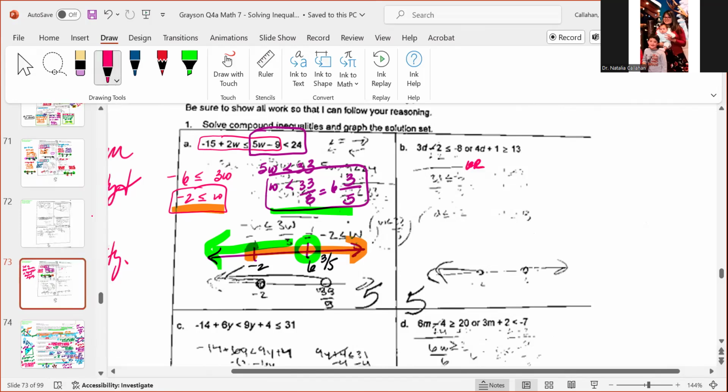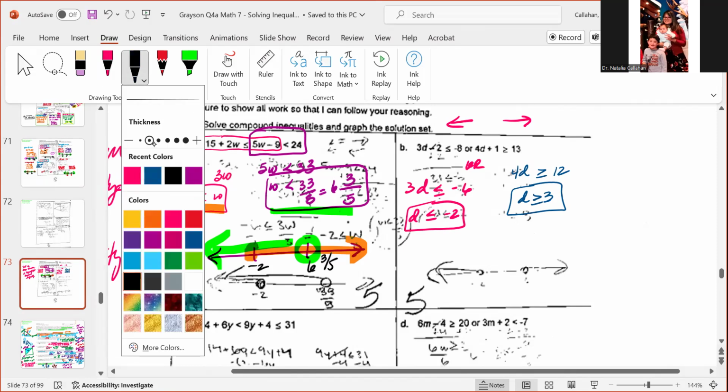For B, this is an or, so you know it's going to go in opposite directions. The first one, D is less than negative 6 or 3D. Divide it, you get a negative 2. Second part of this, you subtract a 1, so 4D is greater or equal to 12. 12 divided by 4 is a 3.